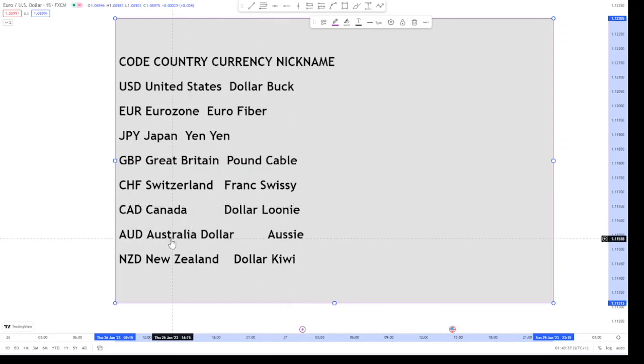In Australia, the code is AUD, the currency name is dollar, we call it Aussie. And in New Zealand, the currency code is NZD, the currency name is dollar, and the nickname is Kiwi.